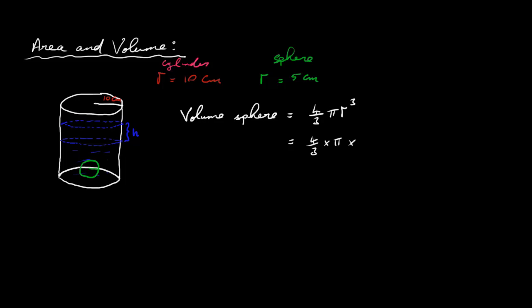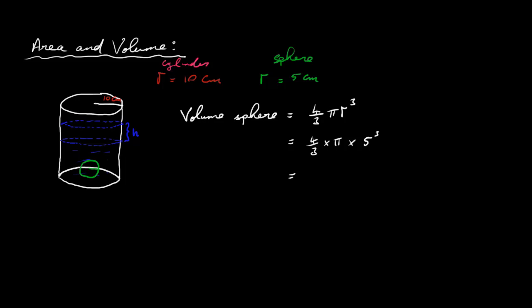Well, the radius of our sphere is 5, so we're just going to put 5 here and cube it. Now, I'm just going to quickly do this on the calculator. We want to multiply 4 over 3 by 5 cubed. We get 500 over 3.